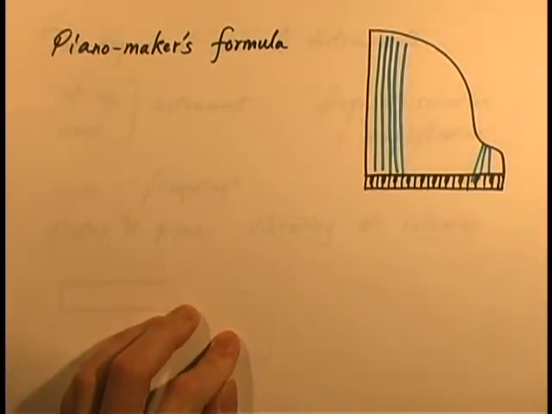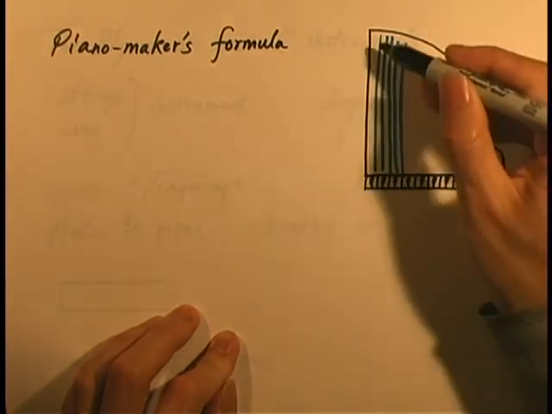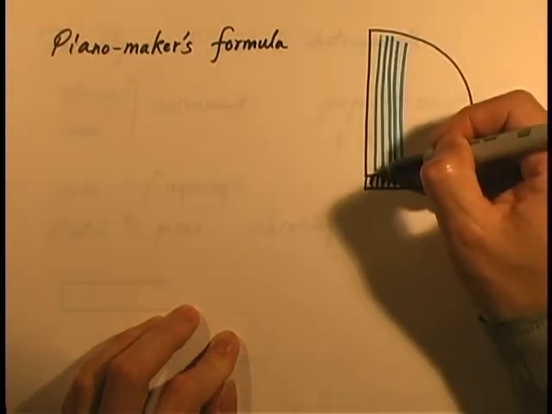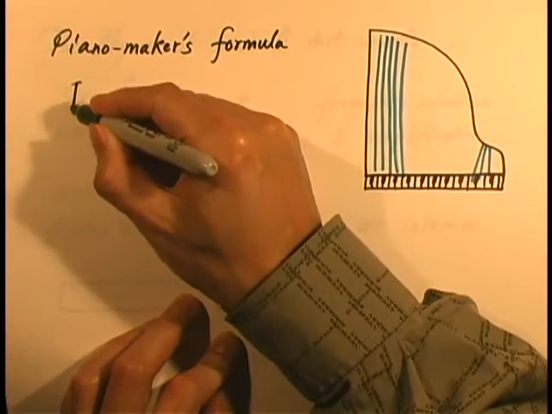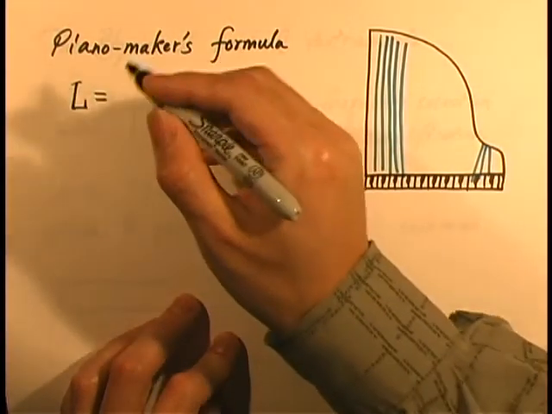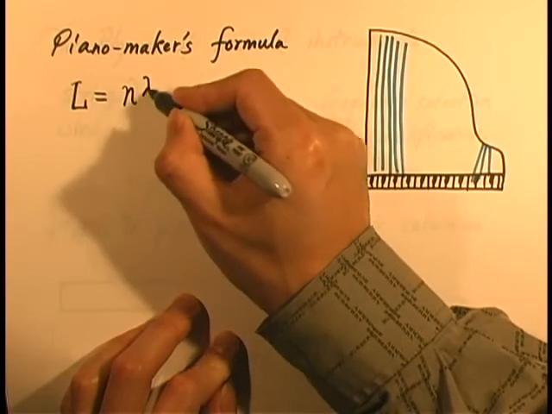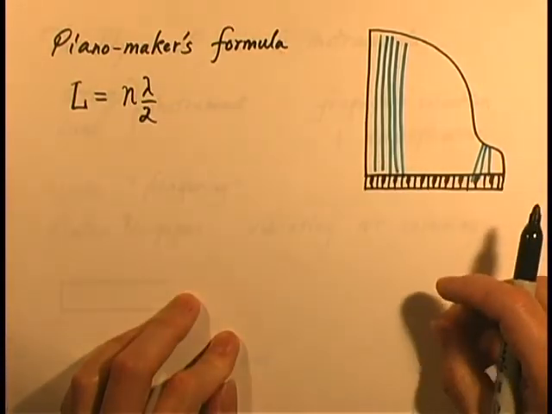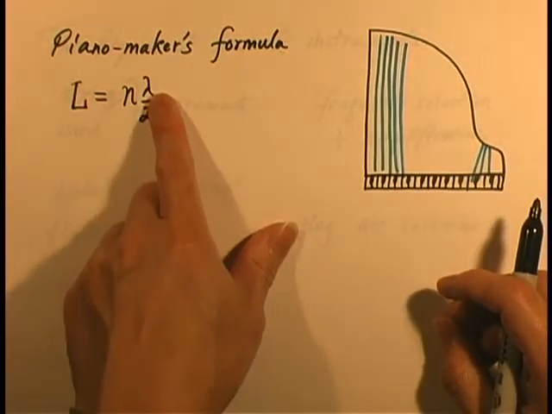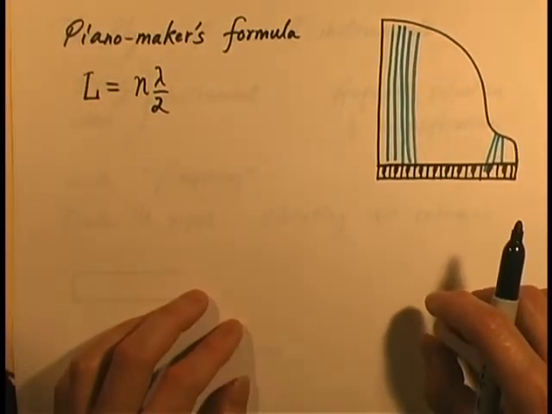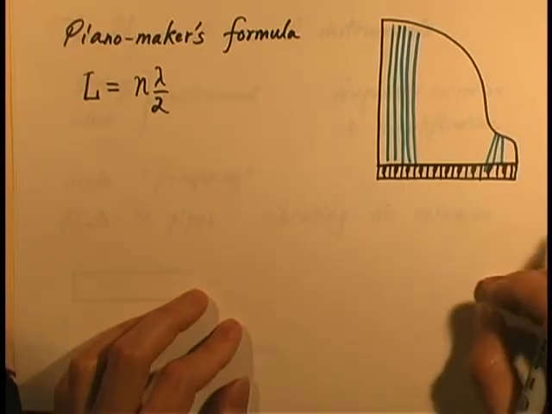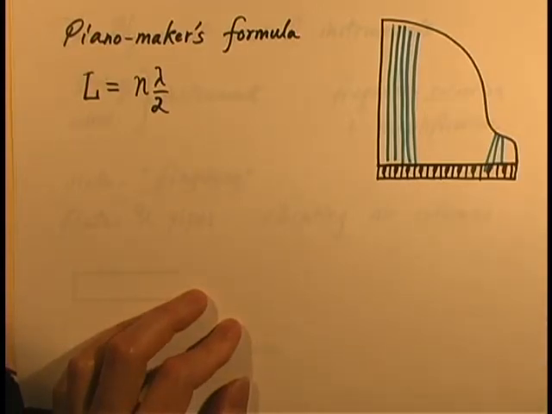Well, let's look at the formula. Let's look at a particular string between here and there. Its length is L. L equals N times lambda over 2. That is the formula that determines what kind of wavelengths can exist, right? But the wavelength is not what we're interested in. We're interested in the frequency produced, because we hear frequency, we don't hear wavelengths directly.